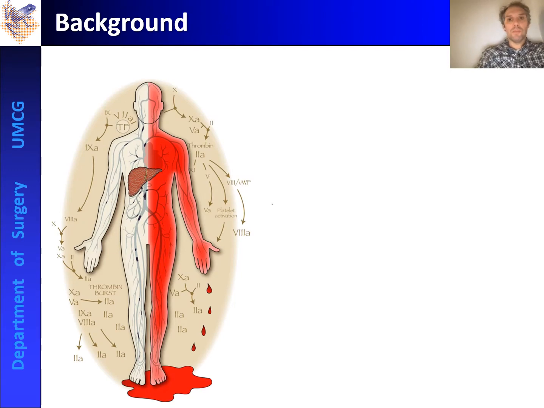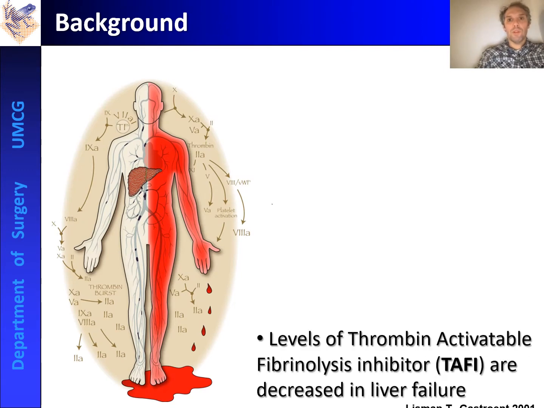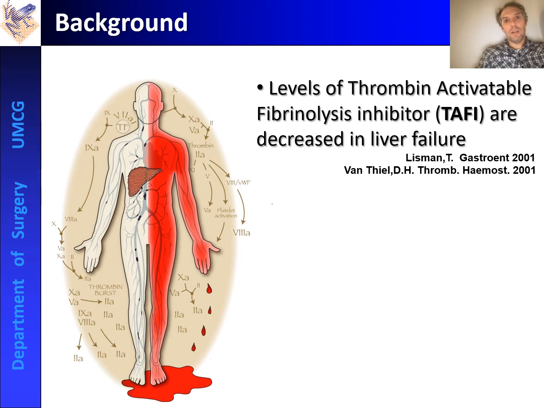Let's now focus back on the topic of this presentation, which is TAFI. TAFI is just another hemostatic component produced by the liver, and levels of TAFI are decreased in liver failure as a result of this. TAFI stands for thrombin activatable fibrinolysis inhibitor.